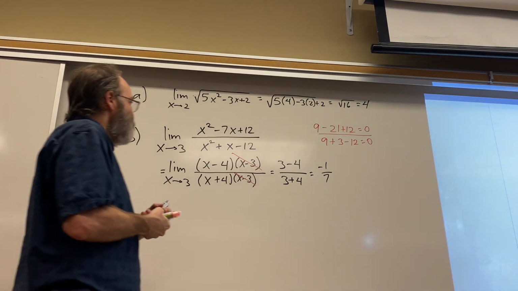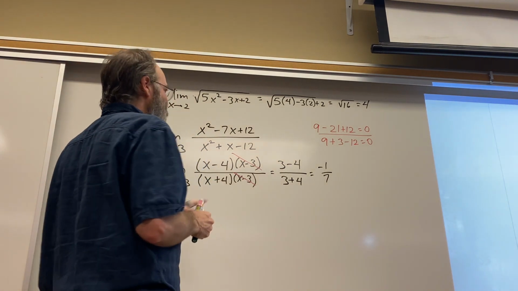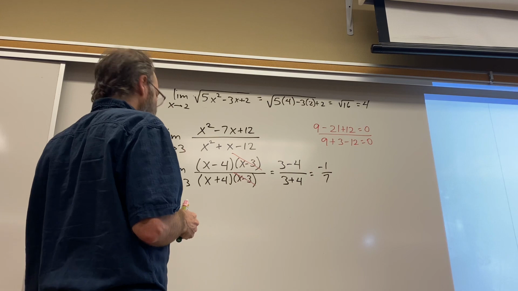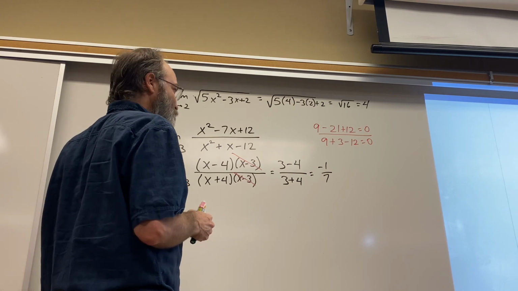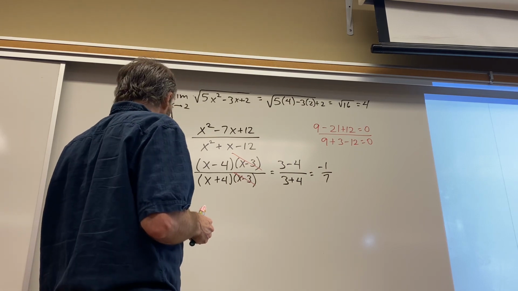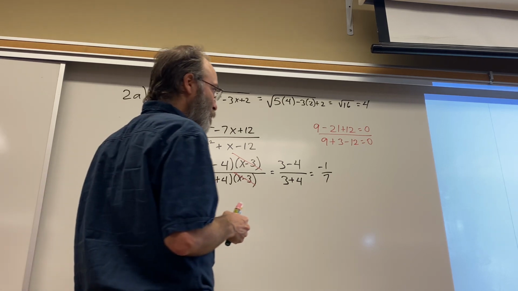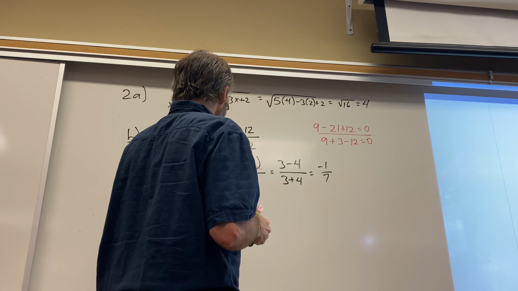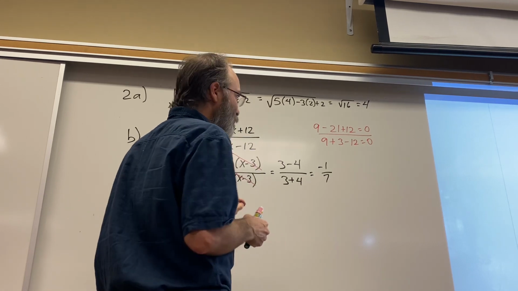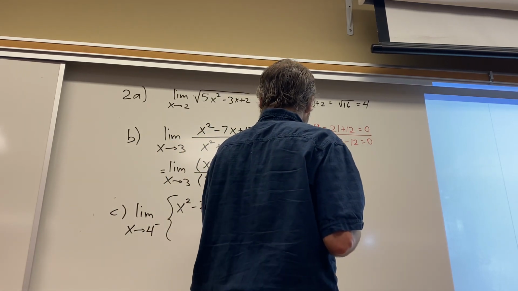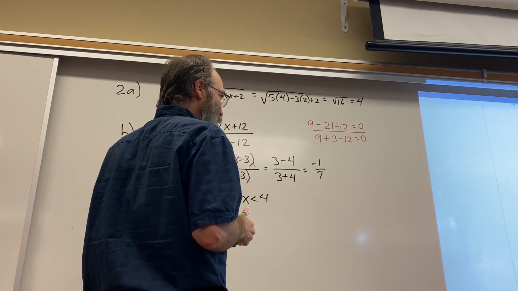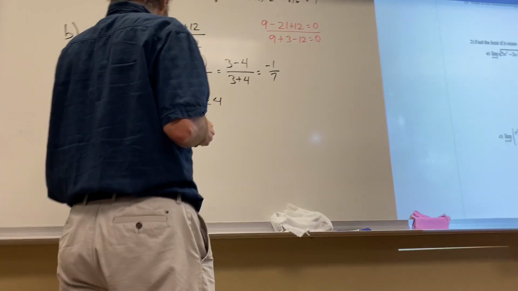All right. C, we haven't done much with piecewise functions since chapter 2, so these are going to be a bit rusty. 2x for x less than 4, and x cubed otherwise.